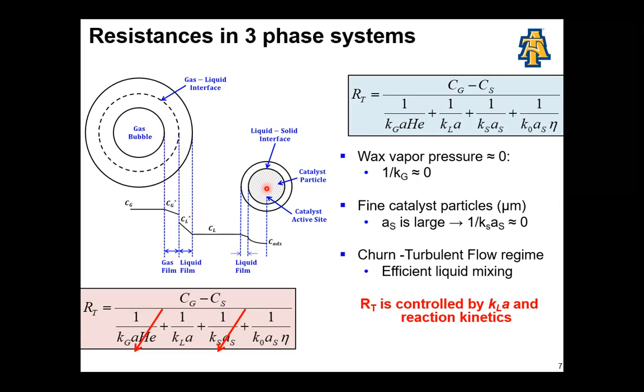Just be careful with the order. The molecule goes from the gas bubble to the gas liquid interface, and then to the liquid bulk. The liquid bulk is basically the space between the two circles, the space between the gas bubble and the catalyst particle.